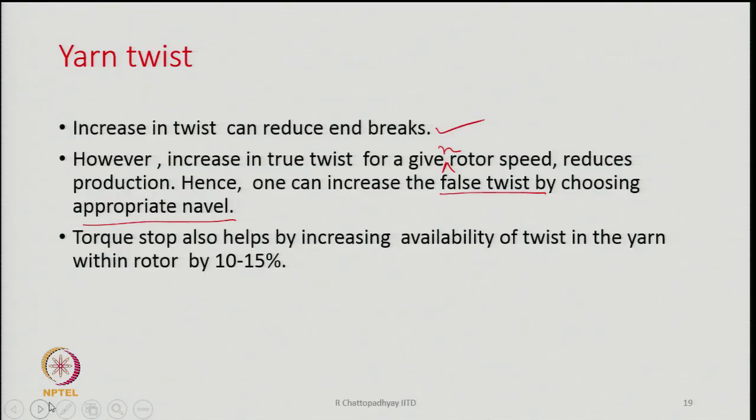Torque stop also has a similar effect. Torque stop helps in increasing the availability of twist in the yarn within the rotor by 10 to 15%. That is, we are not going to increase the true twist, that is why we use torque stop. The very purpose of using torque stop is that you restrict the flow of twist. Ultimately, the twist in the yarn arm is going to increase because of the torque stop.